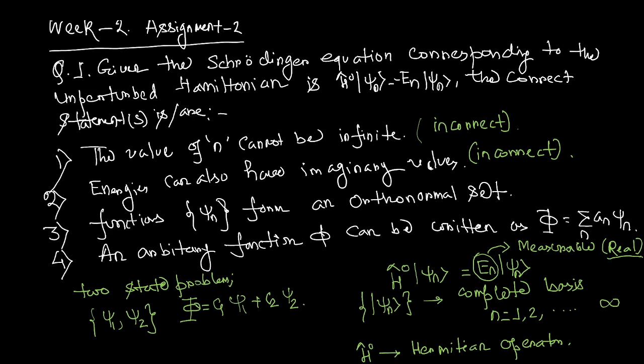So what it says is that the inner product of psi 1 with psi 1 is 1. This is called the normalization property. But on the other hand, the inner product of psi 2 with psi 1 is always 0. So this is the orthogonal property.